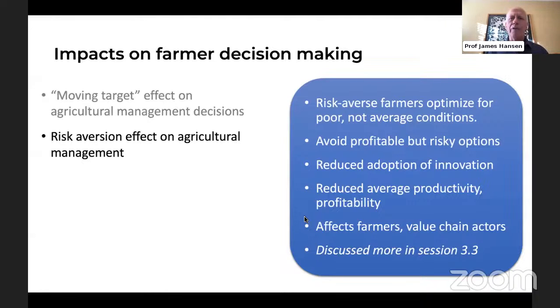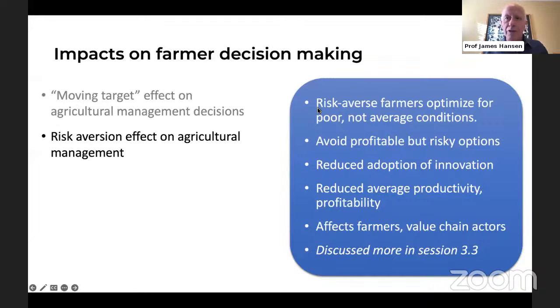Because of this, a risk-averse farmer will not optimize for average conditions, but for poorer than average climate conditions. Another way to look at this is that although any farmer wants to increase productivity and profitability on average, the negative impacts of a poor growing season outweigh the positive impacts of a good growing season.